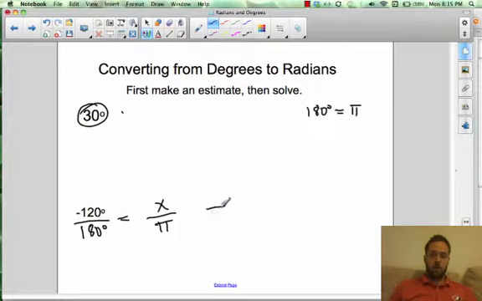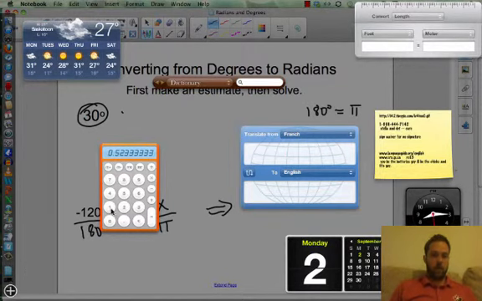And we carry out the problem in the exact same way, multiply pi over by negative 120 and divide it by 180 degrees. I don't have a positive negative function on this primitive calculator, so excuse me for not putting the negative symbol in here. We'll just remember that the answer is negative here.